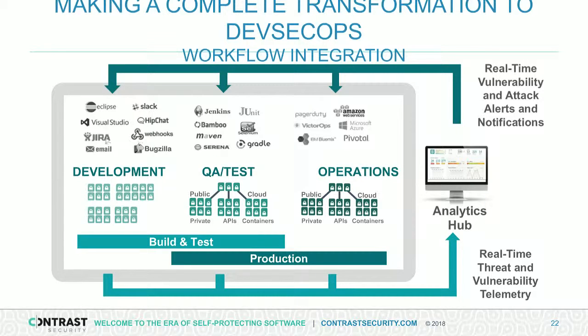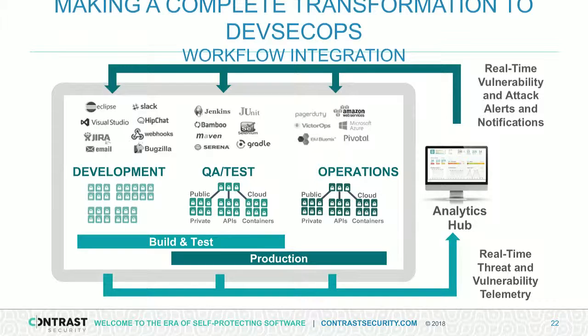So you need to make sure that you're building security in from the very beginning versus bolting it on, which is what a lot of people are doing. And that your key developers and security practitioners are kept abreast in real time of what's going on. Here's just an illustration of a DevSecOps pipeline.